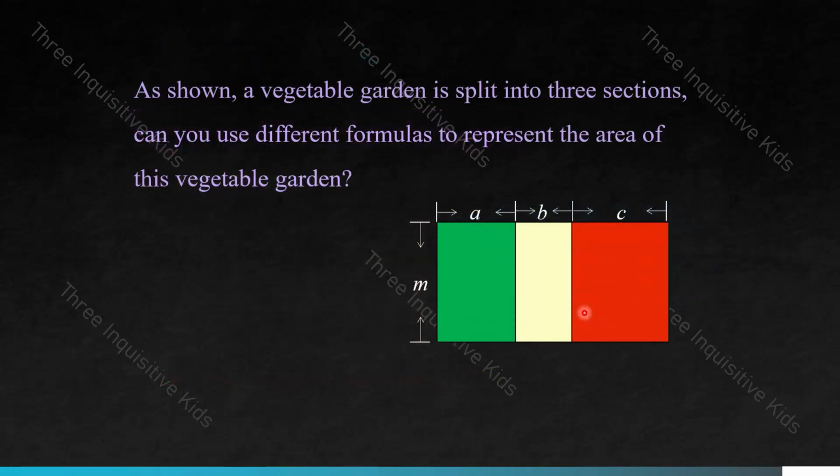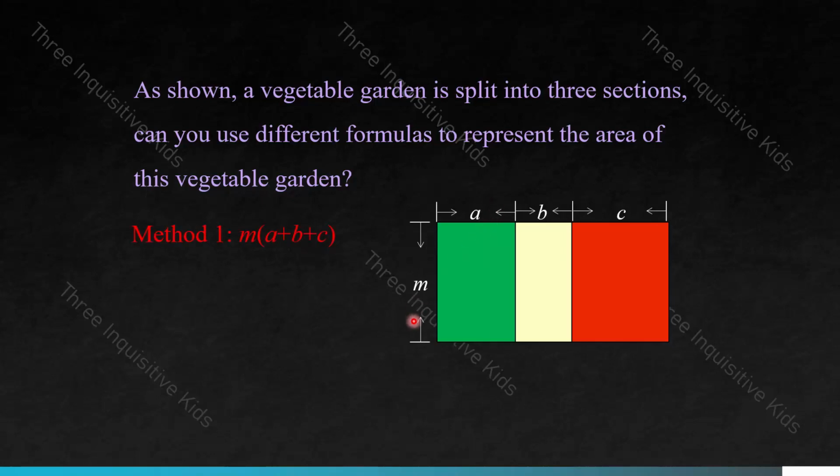As shown, a vegetable garden is split into 3 sections. Can you use different formulas to represent the area of this vegetable garden? So we have a shared width, which is m, and then we have the length split into 3 different segments, a, b, and c. And looking at this reminds me of when we were just starting to learn about the distributive property back in elementary school, right?